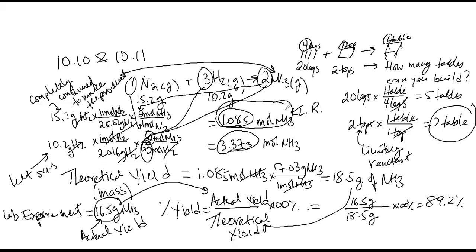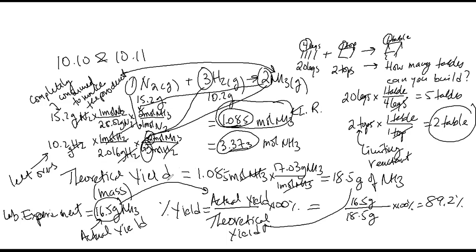And then always compare which reactant's mass will give you the smallest number of moles of the product. You're going to choose that as the limiting reactant. And then in the next step, you will find what's called the theoretical yield.